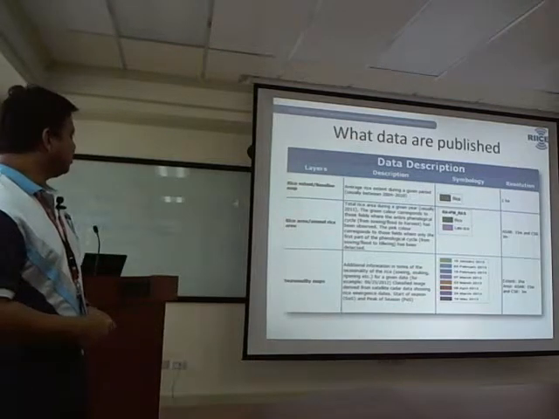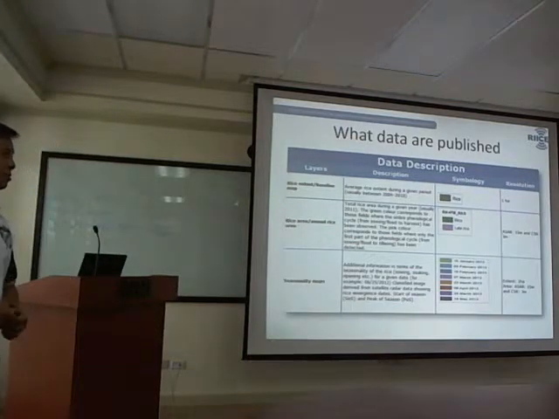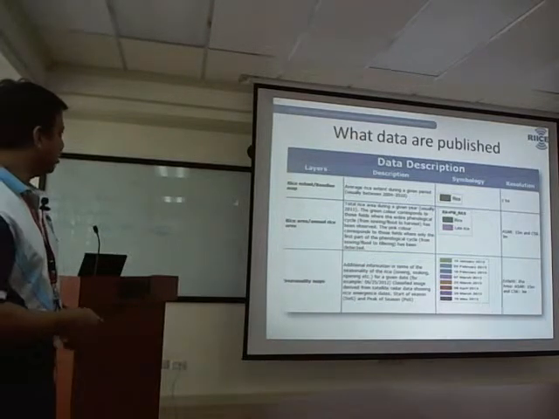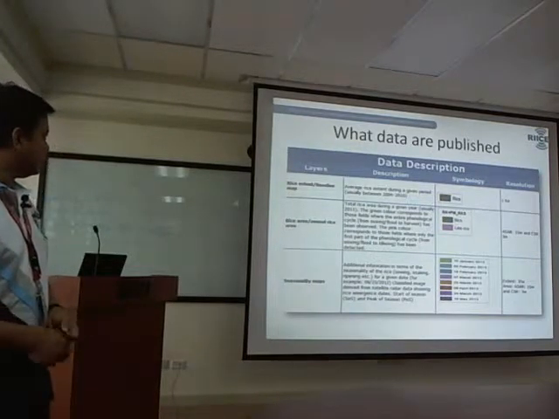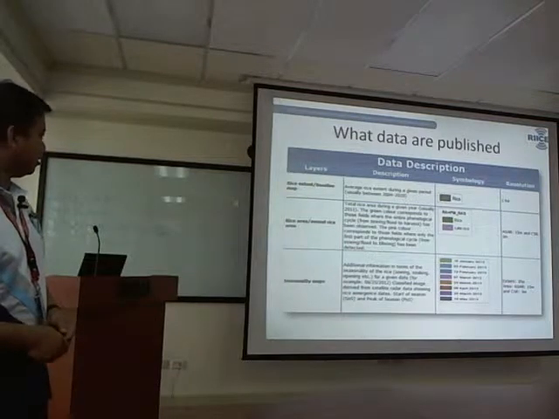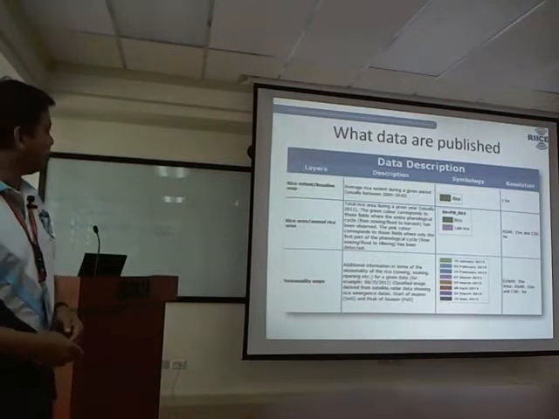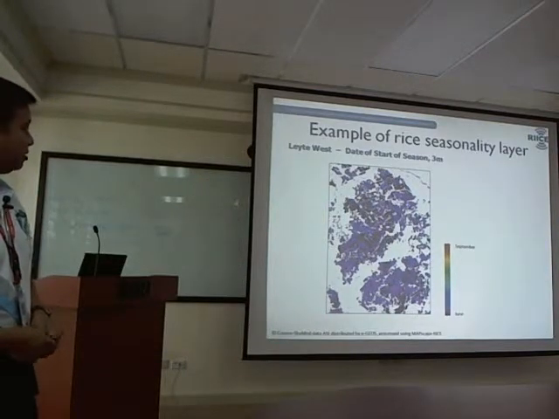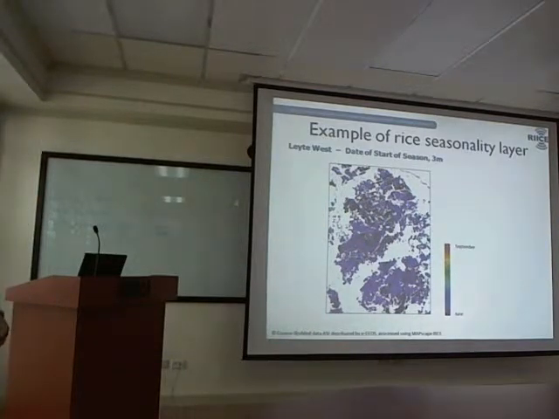Moving on, these are now results or products derived from remote sensing analysis. The rice extent, rice area, and seasonality maps. An example of the rice seasonality map is this, as shown on the screen.